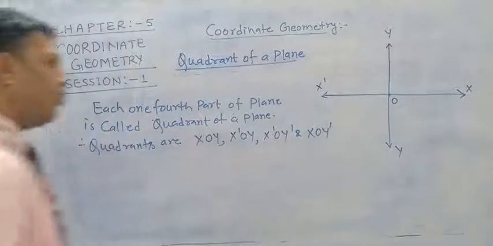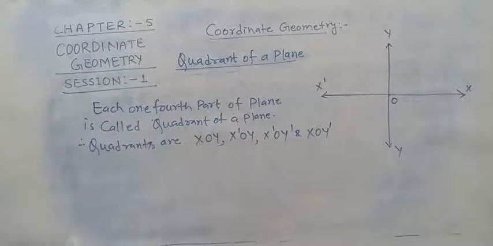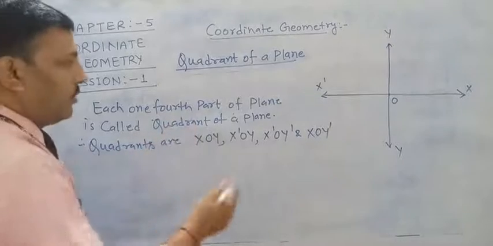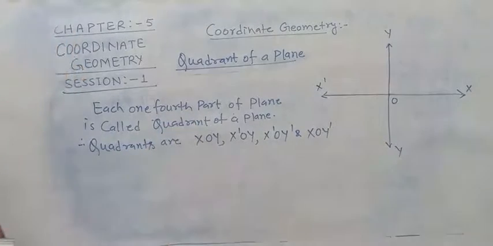So these are the four quadrants. Each quarter part of the plane is called a quadrant of the plane.